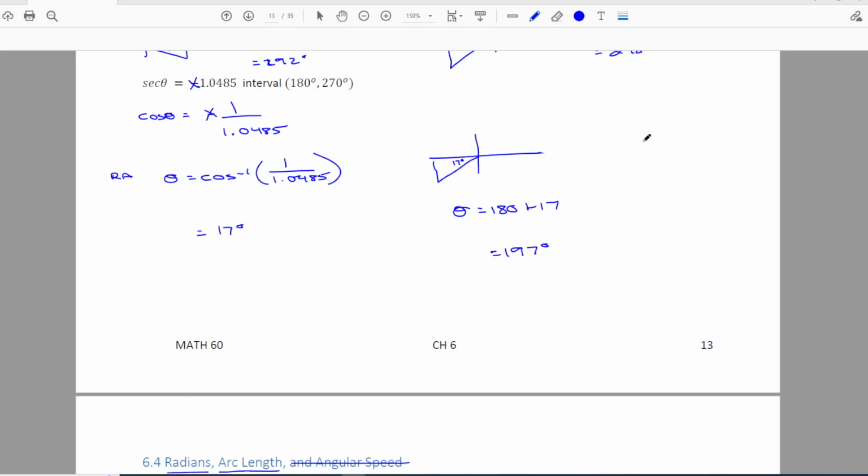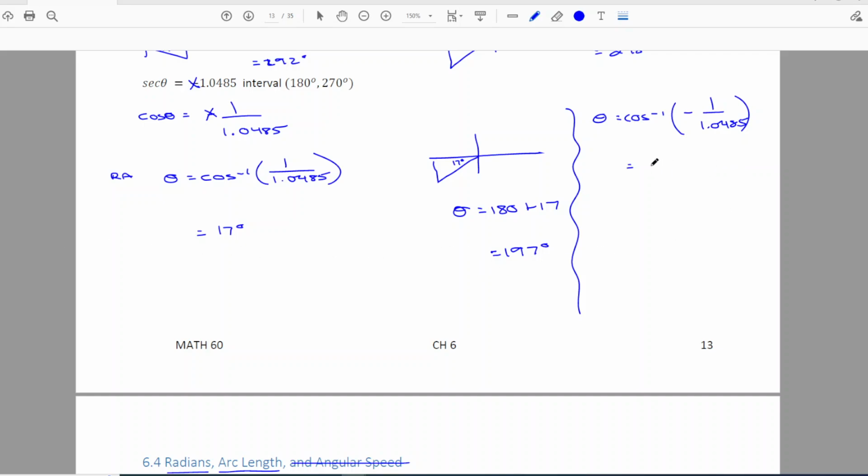And again, if you want to totally ignore me because you don't like that, if you were to do the inverse cos of negative 1 over 1.0485, what would you get? You would do inverse cos, bracket 1 divided by negative 1.0485.